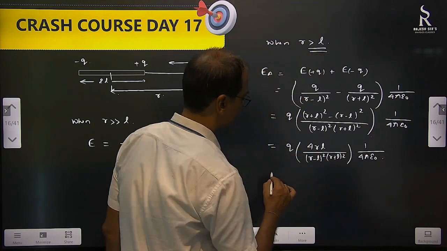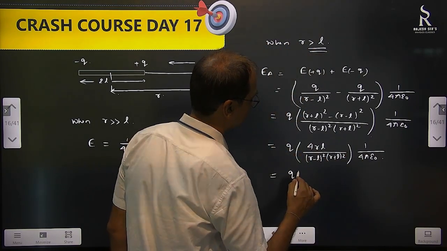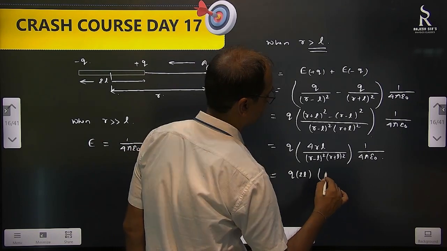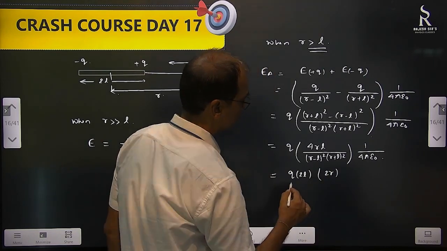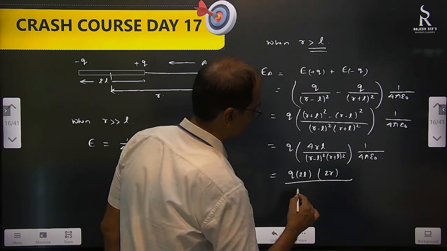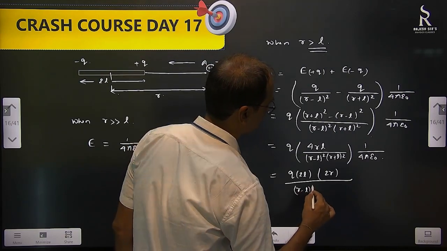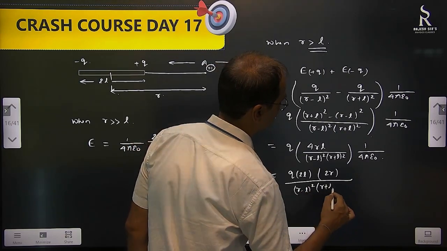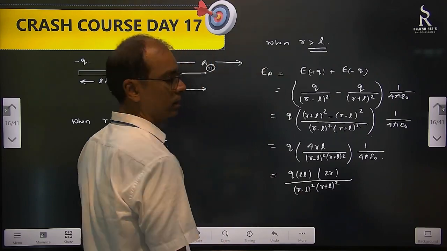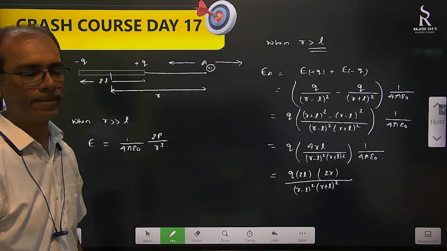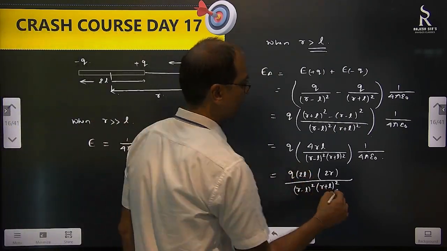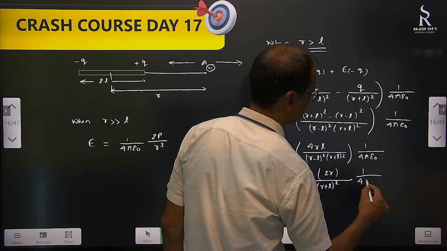Now Q into 2L is actually P. Then what you have is 2R by (r minus L) whole square into (r plus L) whole square. So this is P, and here is 1 by 4 pi epsilon naught.